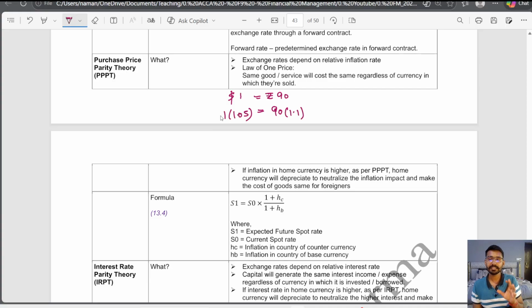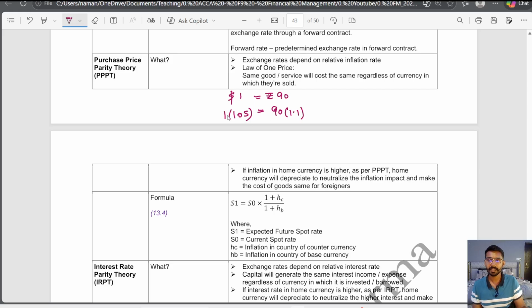What it says is that after inflation, ideally you would say it is cheaper in USA, so let's go and buy in USA. But it says that during the time of this inflation, the exchange rate will change in such a way that whether you buy it for 99 in India or for $1.05 in USA, the cost to you will be the same. Let's see this with an example.